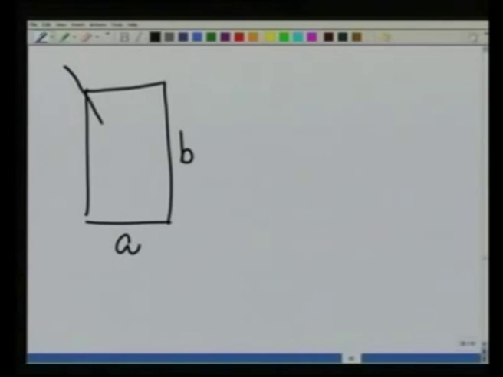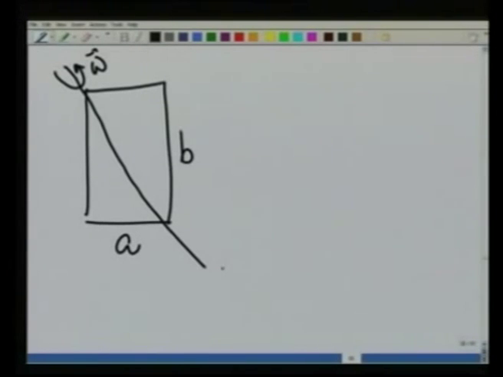As the next example, let us take a rectangle of width a, length b, and let it rotate about one of its diagonals with speed omega. I want to find what is its angular momentum.